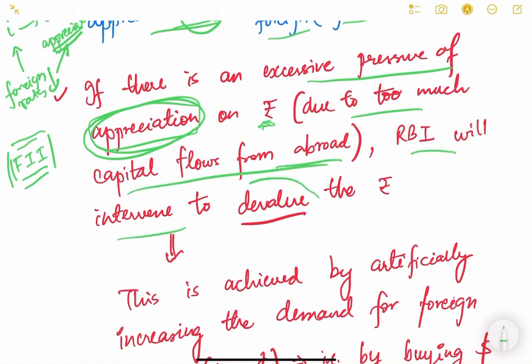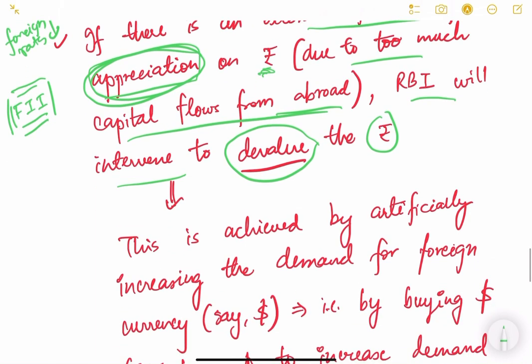RBI will intervene to devalue the rupee. As we have seen in the assumption, RBI has to balance two things. It cannot allow too much appreciation, and it cannot allow too much depreciation either, because both harm our interest in one way. So whenever there is too much appreciation, RBI has to intervene to devalue the rupee.